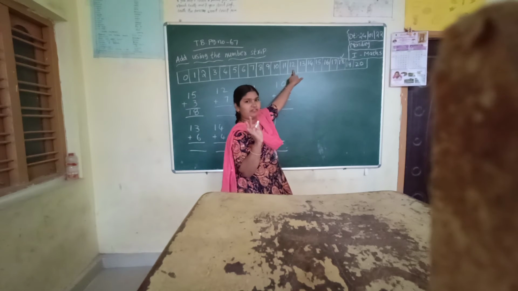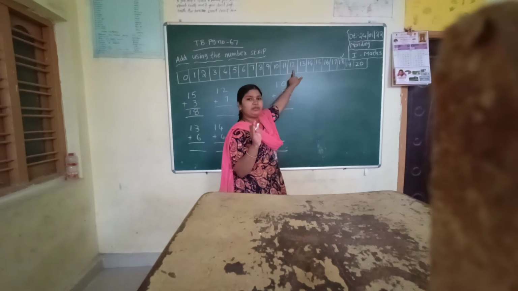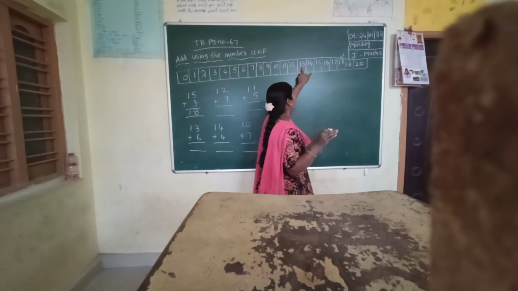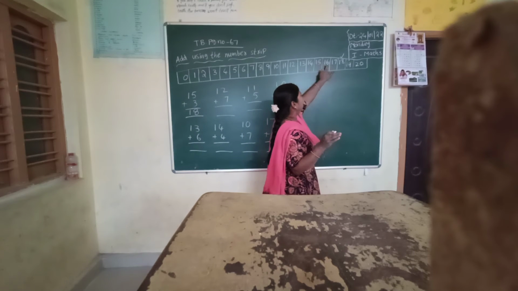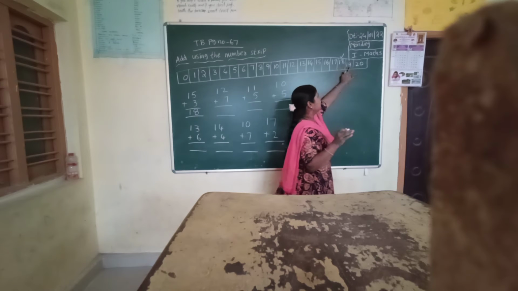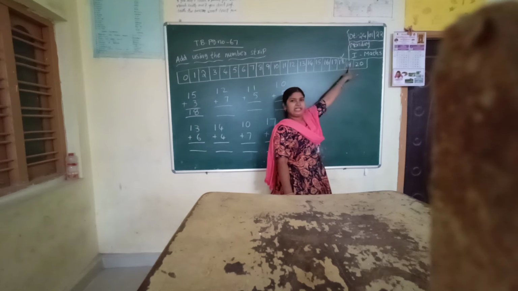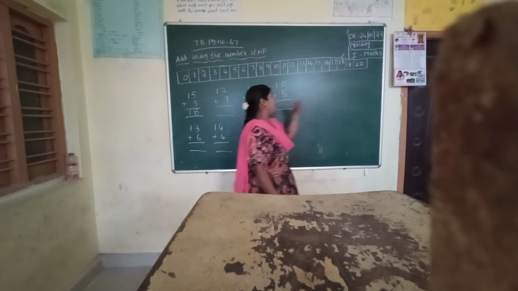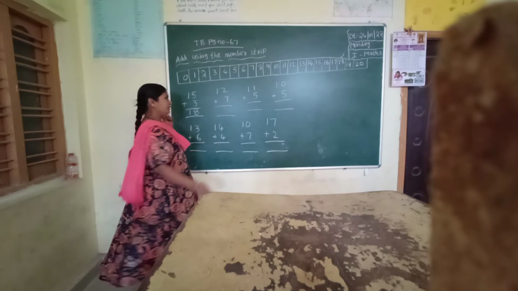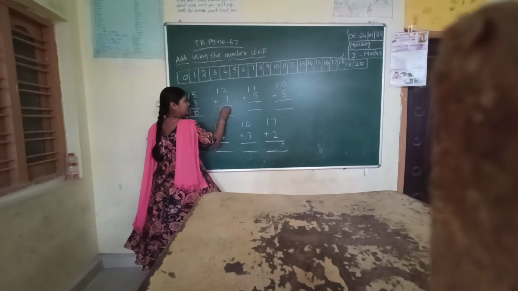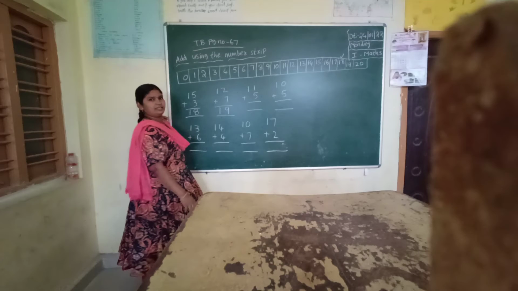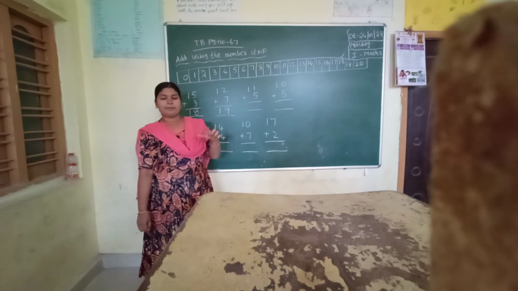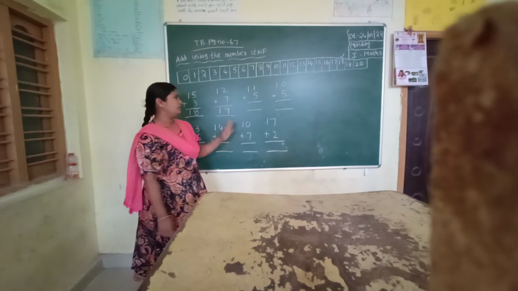After 12 count 7 numbers, and whichever number you get, write that number as the answer. 12, after that 1, 2, 3, 4, 5, 6, 7. Which number are you getting as the answer, children? 19. That 19 you have to write in the answer place. 1 should be written in the tens place. 9 you have to write in the ones place. So 19. Same like this you have to complete all the problems given in your textbook.